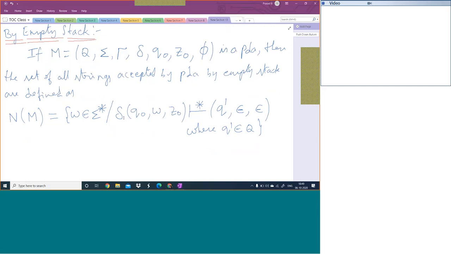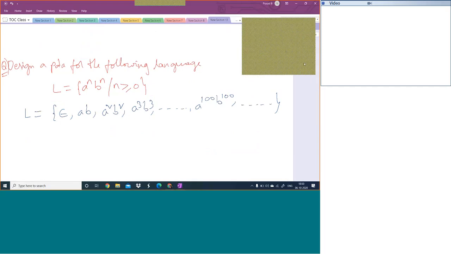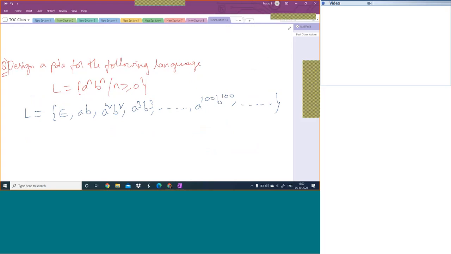L equal to a power n, b power n, n greater than or equal to 0.